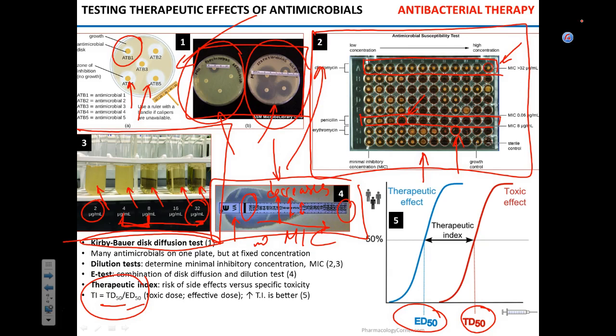So let's play with this a little bit. If you have a drug whose median effective dose is 1 and median toxic dose is 10, what's the therapeutic index?